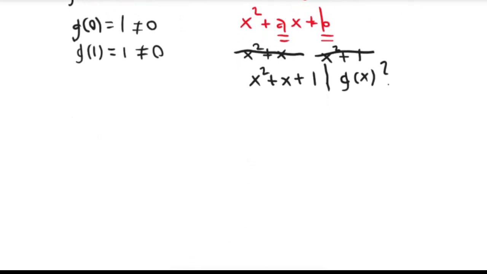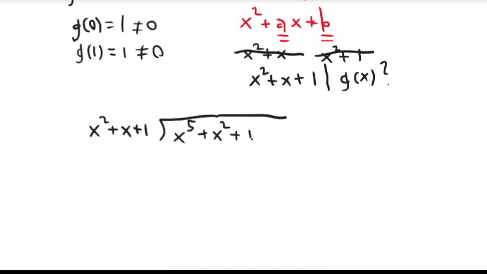Let's show that it doesn't, and let's do that using long division quickly, because this is maybe not the most interesting part of the problem. So we have x to the fifth plus x squared plus 1, and let's see if x squared plus x plus 1 divides into this. Using long division, you would have to multiply by x to the third to get x to the fifth in front.